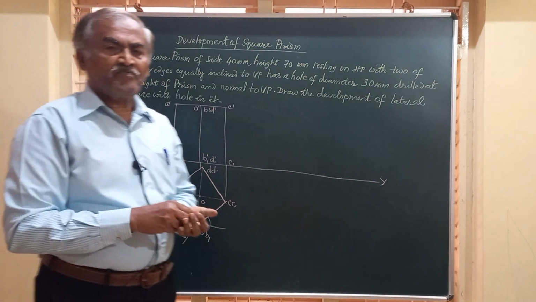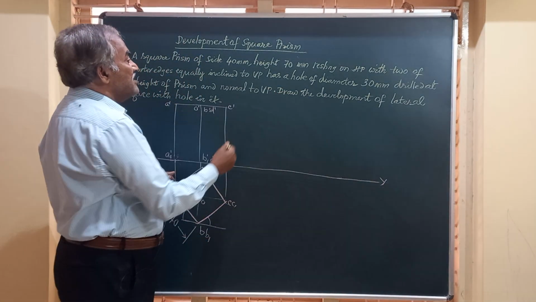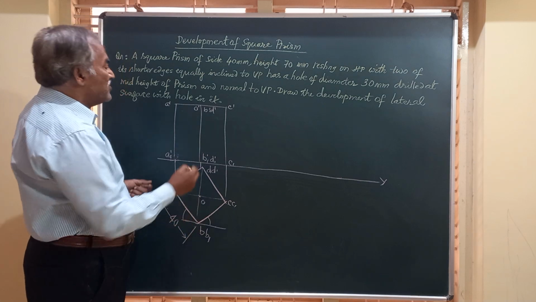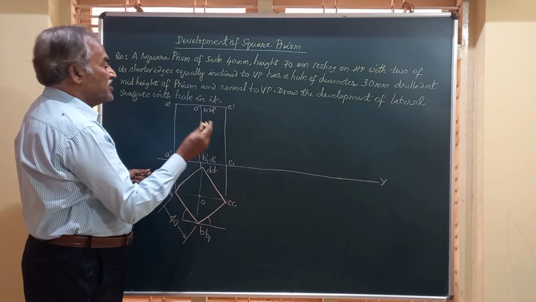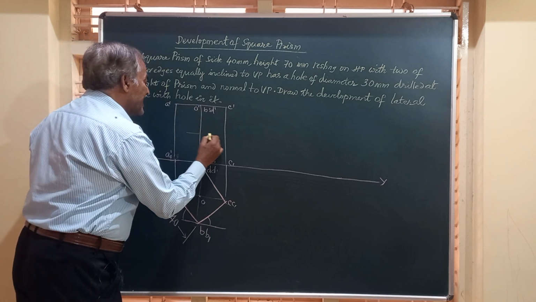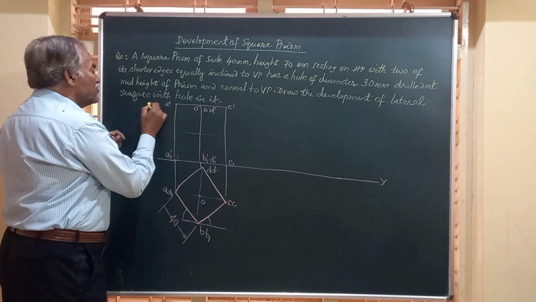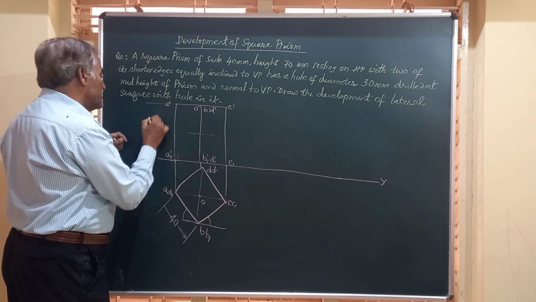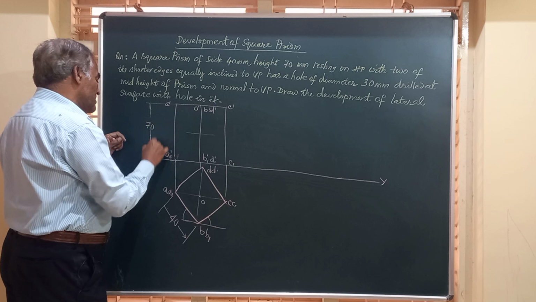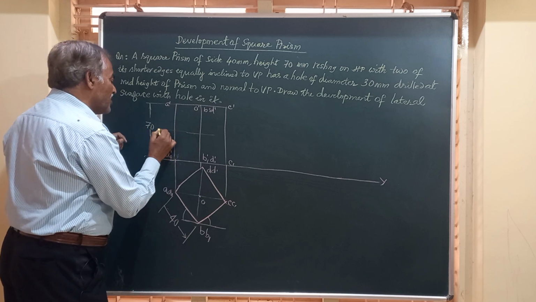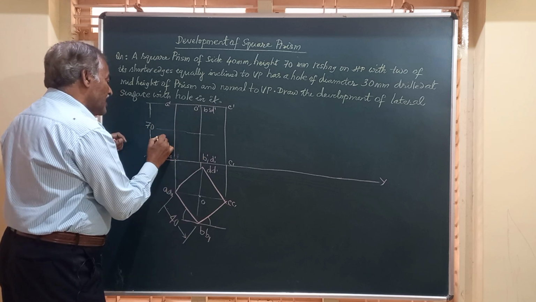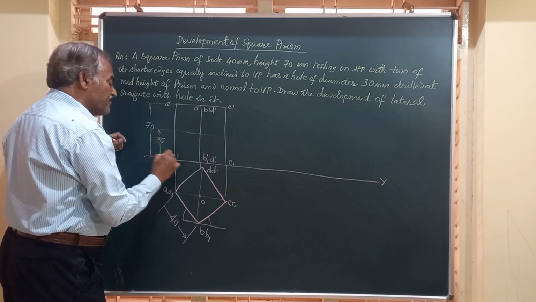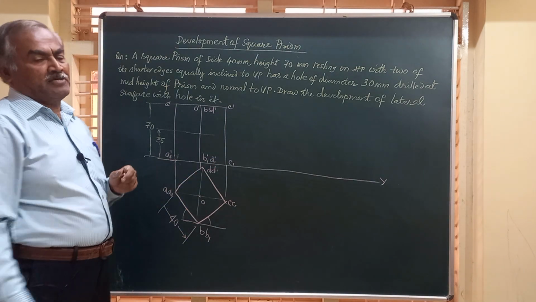Here a hole is drilled. The diameter of the hole is 30 mm, and it is drilled perpendicular to the plane of this board, at the mid height. So I am going to mark the mid height. The total height of the prism is 70 mm, and we mark the center point at a distance of 70 by 2, that is 35 millimeter from the base of the solid.